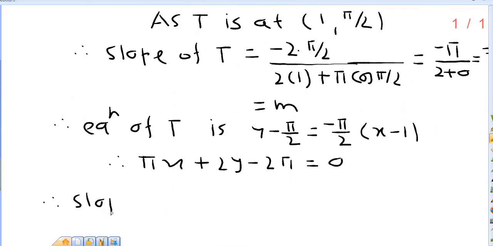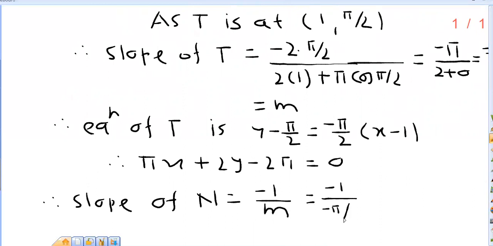Slope of normal is nothing but minus 1 upon m. That is minus 1 upon what? Minus pi by 2, which is nothing but 2 upon pi. Now normal also passes through the same point. So write its equation.